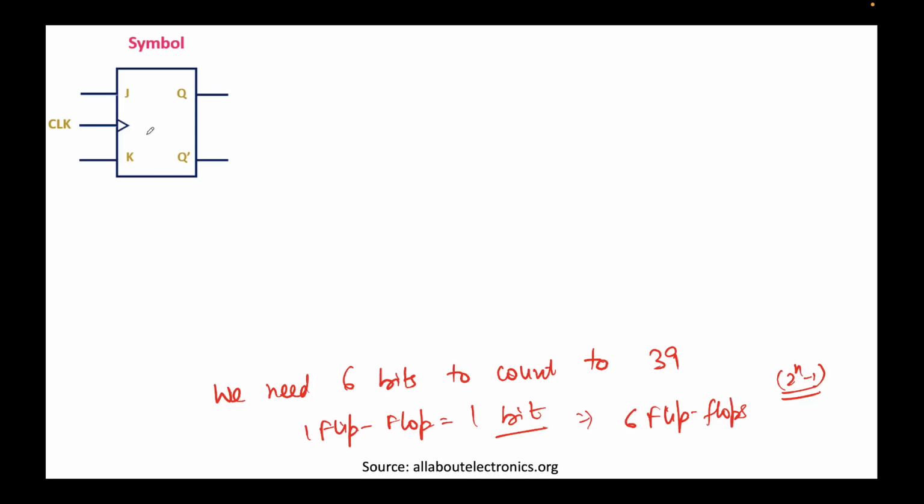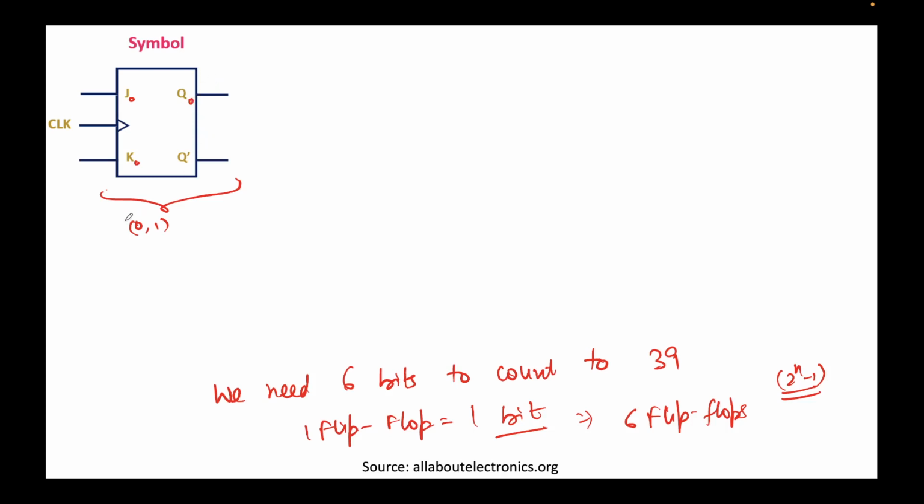So this is my first flip-flop. Again, you see this is a JK flip-flop, positive edge trigger. This is the symbol we saw. So this is the output Q, right? This alone can count 0 and 1, correct? Let's call them J0 and Q0.